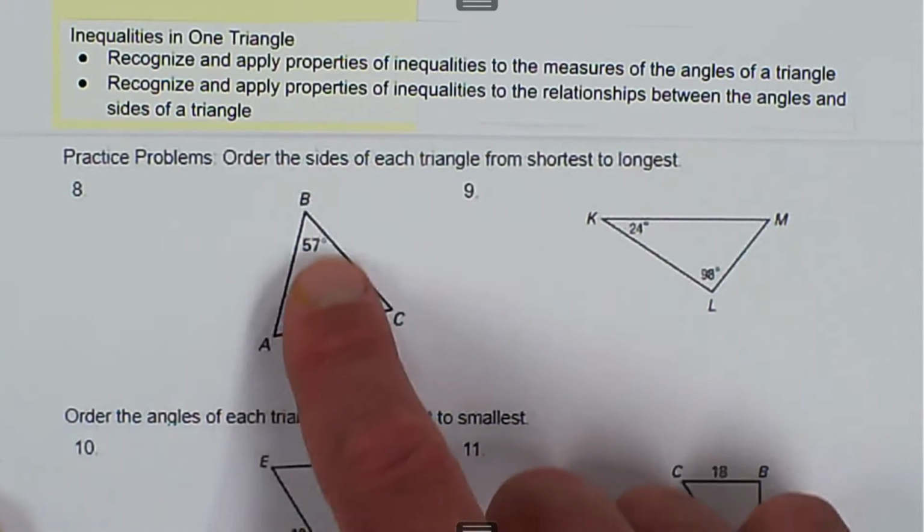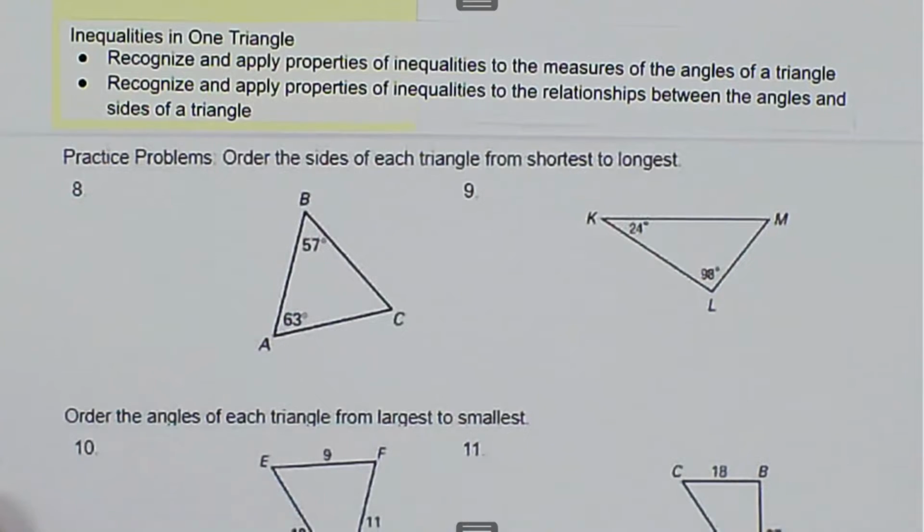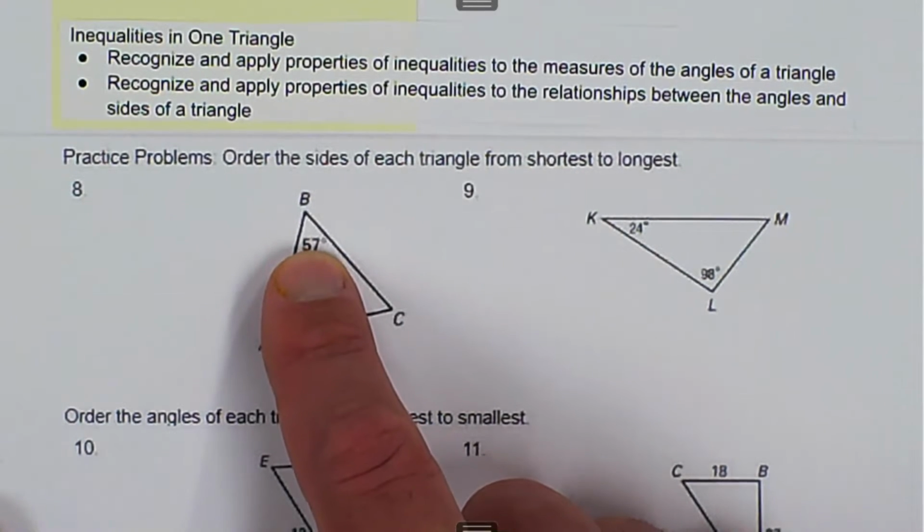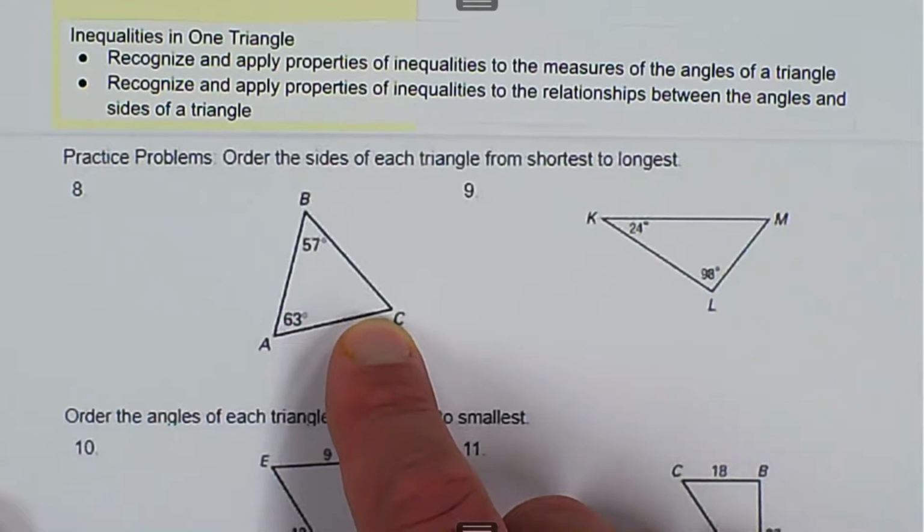So here we have two angles that are given, and based off the triangle sum theorem, we know that these two angles plus this third angle added together should be equal to 180 degrees.